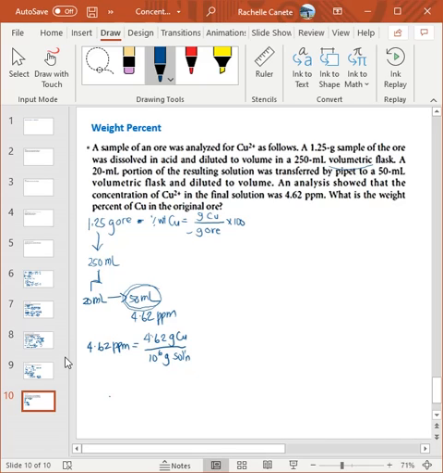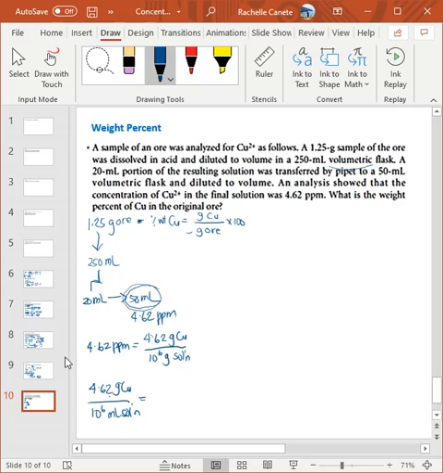as I've told you, for this ppm, we assume that the gram of solution is equal to ml of solution. That means we have 4.62 grams of copper for every 10 to the 6 ml of solution. And we know that this solution is 50 ml, right?